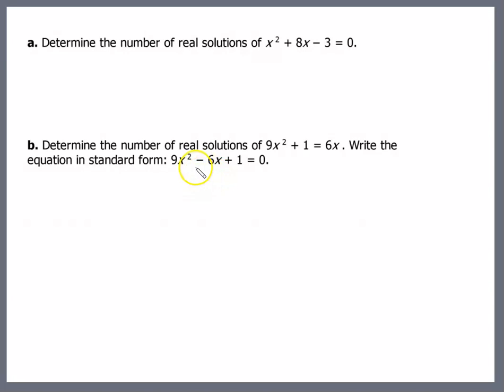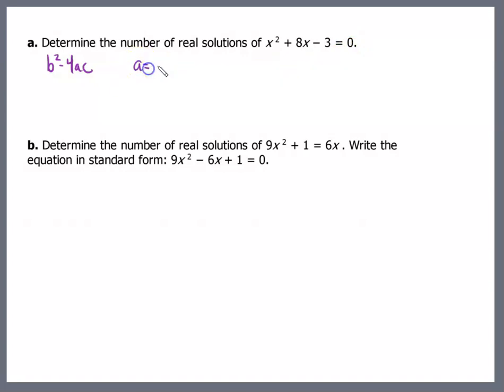Okay, let's go ahead and try a couple problems. So it says determine the number of real solutions. So when it wants to know how many solutions a quadratic equation is going to have, then we use the discriminant, and that's the b squared minus 4ac. So this is in standard form, meaning it goes ax squared plus bx plus c.